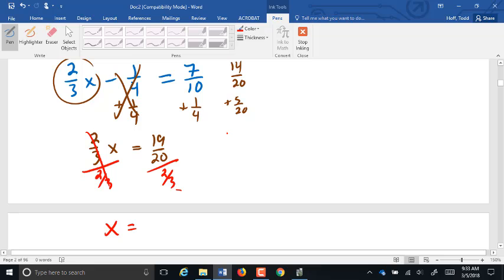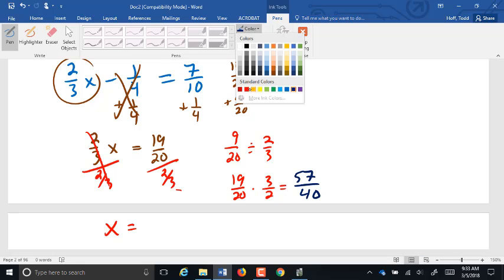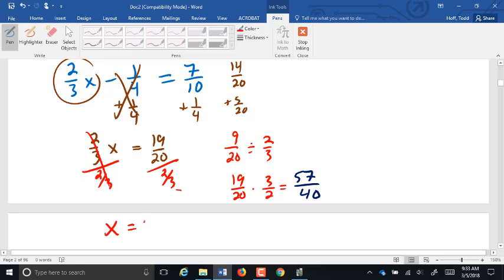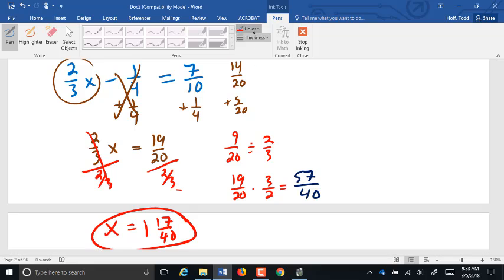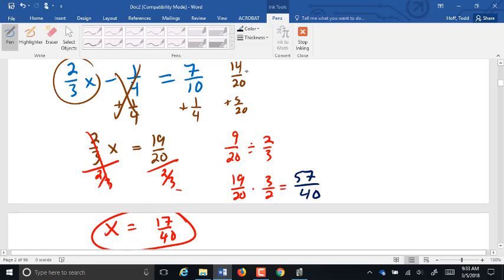X equals 19/20 divided by 2/3 is 19/20 times 3/2. 19 times 3 is 57. 20 times 2 is 40. 40 goes into 57 once with 17/40 left over. What do you think? Not horrible? Getting easy again?